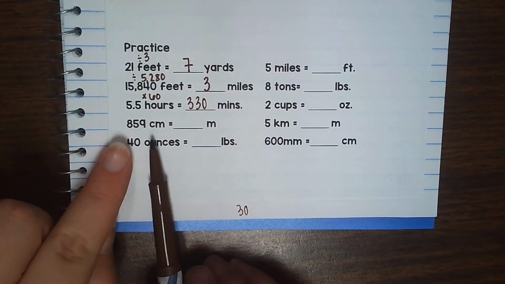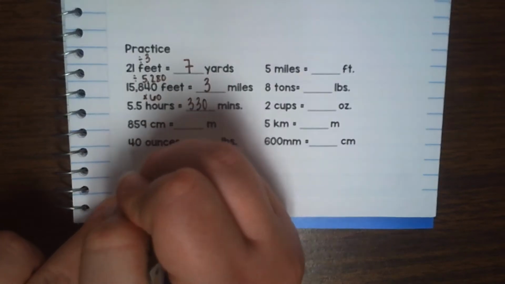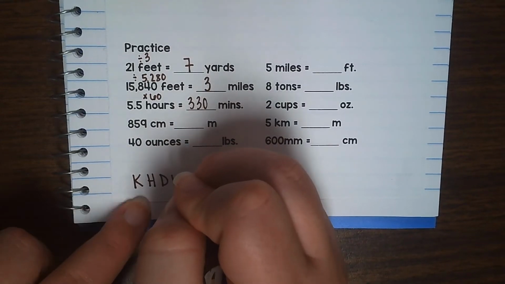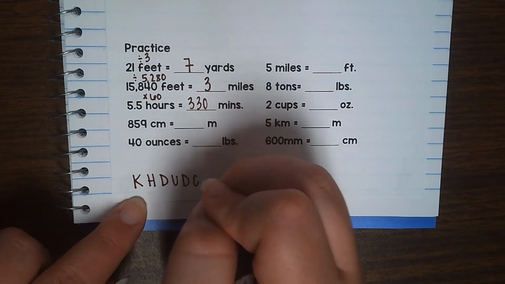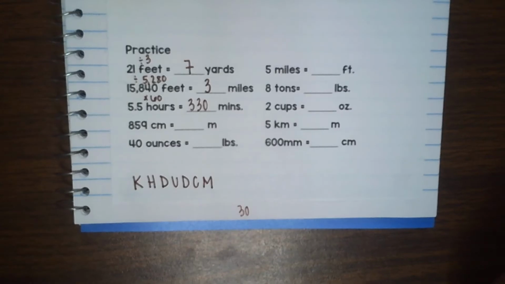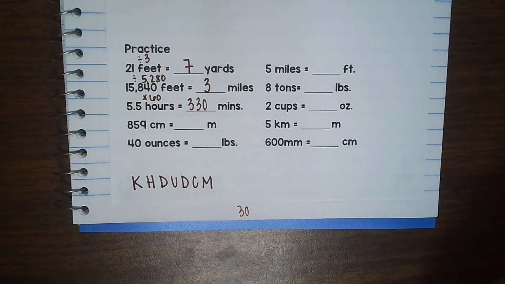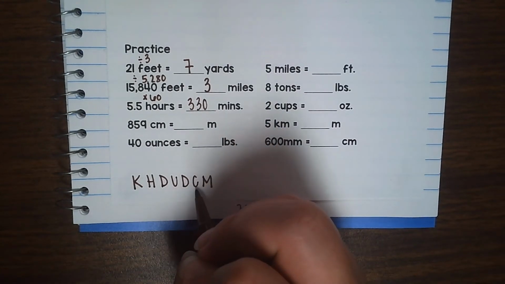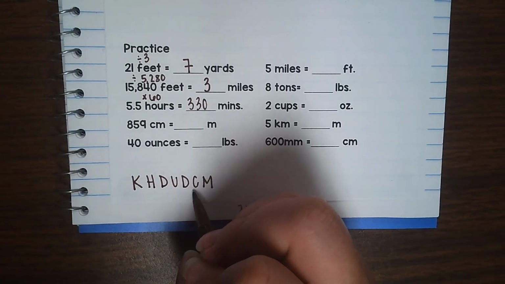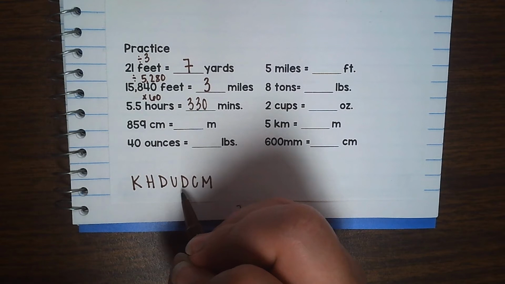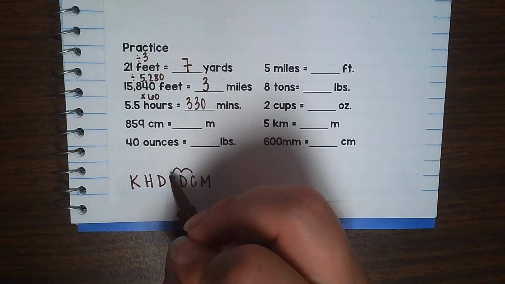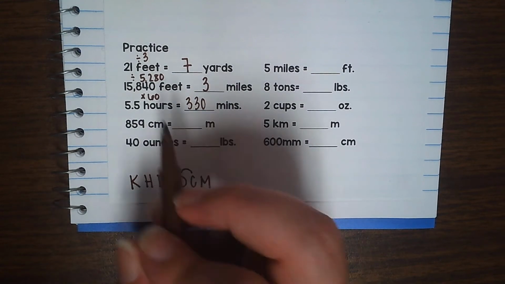Okay, here's a problem where we can use our King Henry died unexpectedly drinking chocolate milk. We are starting at centimeters and we need to go to meters, which is the unit. So we would go once, twice, and we're going to our left.